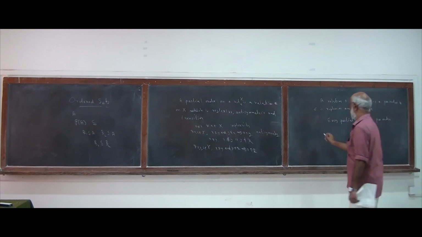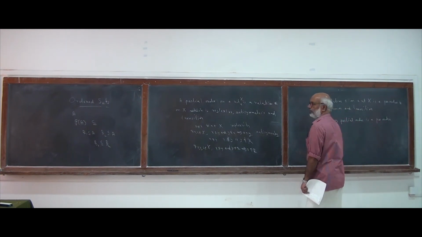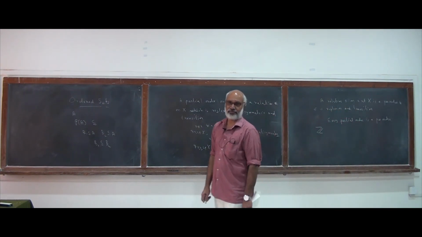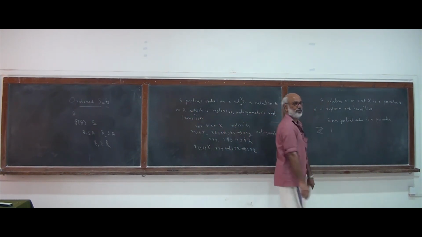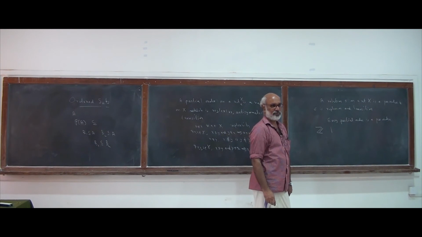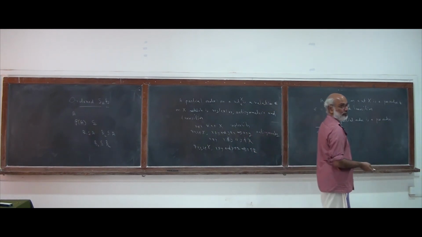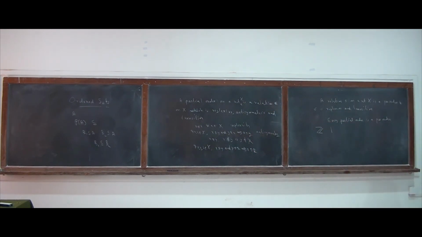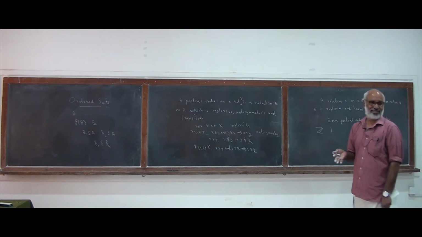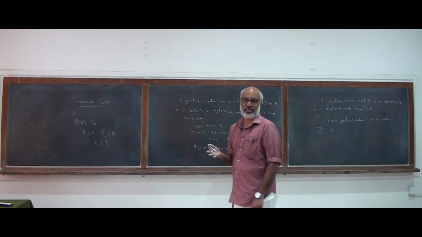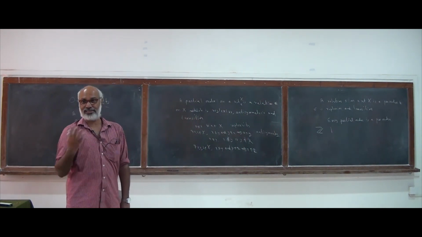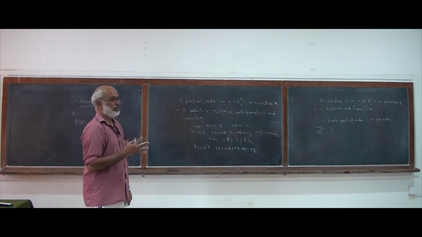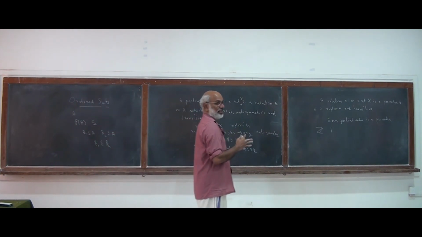Let me give one example. You take the set of all integers. Now consider this relation, divides. This relation is reflexive, that is, every integer divides itself. For every integer x, x divides x. And this relation is also transitive. x divides y, y divides z implies x divides z. So this relation is reflexive and transitive.